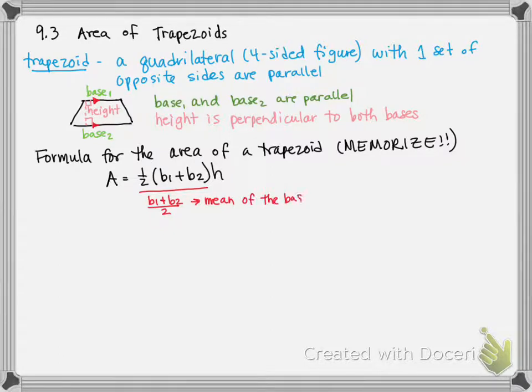Now, it's interesting when you get into geometry class, you'll learn about other things in the trapezoid that will be interesting to calculate with. So that's where the 1/2 is kind of like coming from the triangle. The formula, 1/2 times the bases times the height, it's kind of like a triangle. And it's also kind of like finding the mean of the two bases, okay?